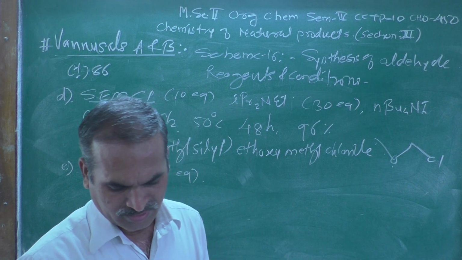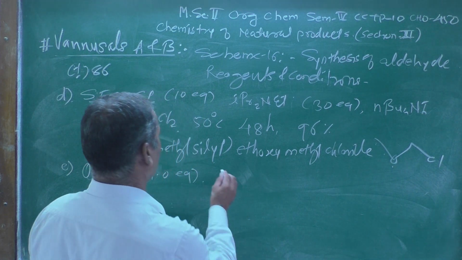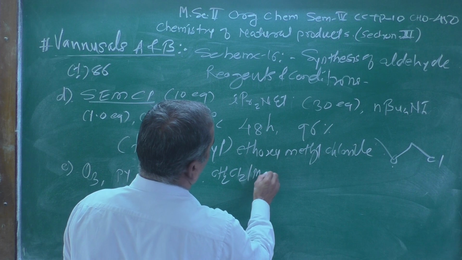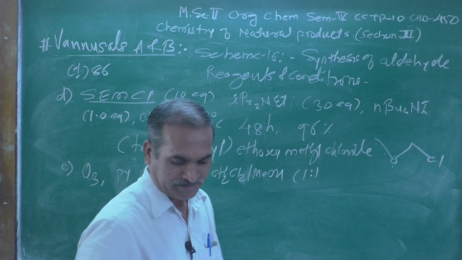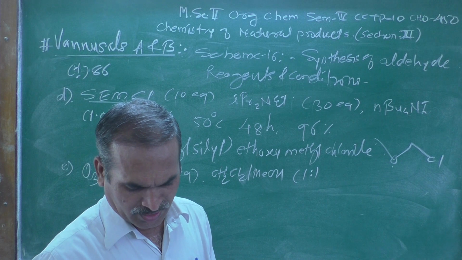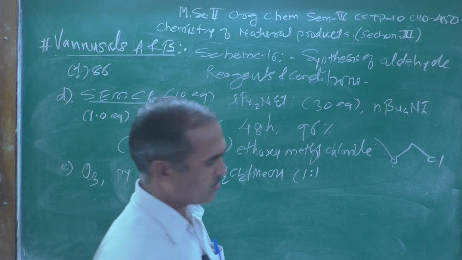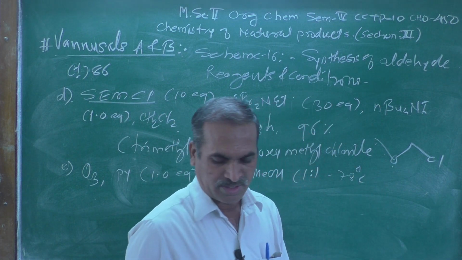Then the mixed solvent used was CH2Cl2 and MeOH, methanol, in a 1:1 ratio, and the temperature is kept at minus 78 degrees centigrade.